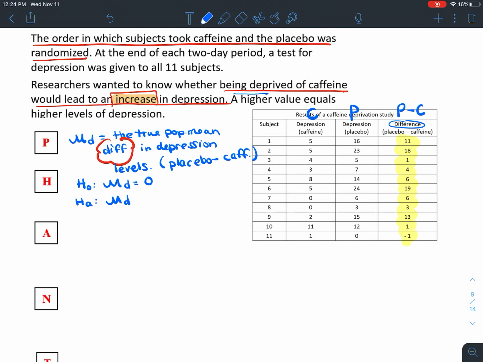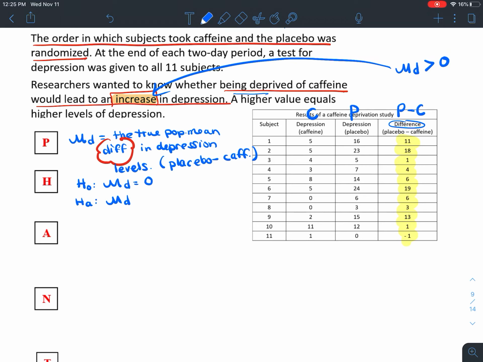If that's the case, then this difference would be greater than 0, because the placebo means you were deprived of the caffeine. So we would expect these numbers to have higher depression rates than when you're given the caffeine pill. So placebo minus caffeine, these would be positive numbers if it resulted in an increase in depression if you were deprived of the caffeine.